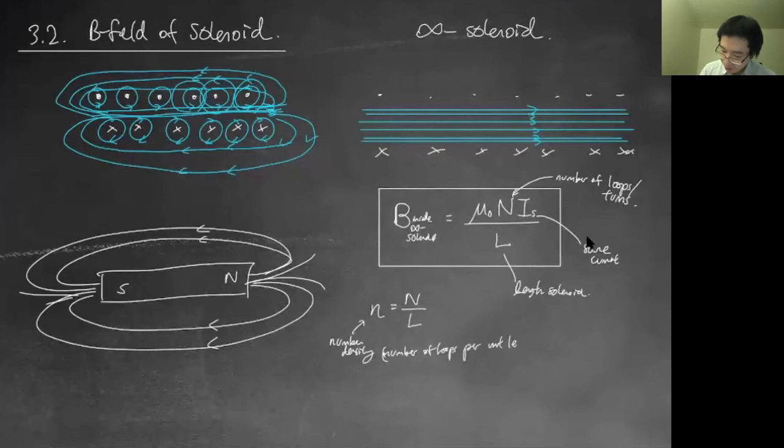And I can rewrite this formula as B of an infinite solenoid is mu naught little n I. So it's a little bit more compact. Okay. And you understand that this is the number density of it.